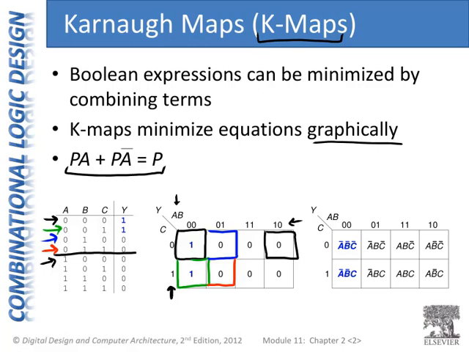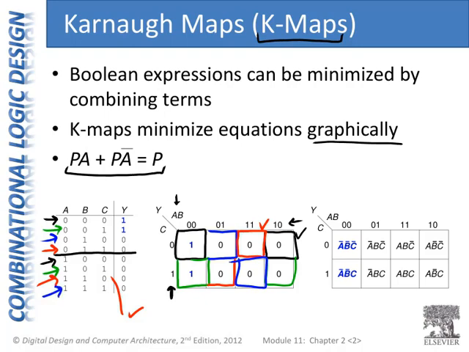So the 1, 0, 0 row corresponds to that box. 1, 0, 1 corresponds to the box just below it. And then we come back to the 1, 1, 0 box, and finally the 1, 1, 1 box.